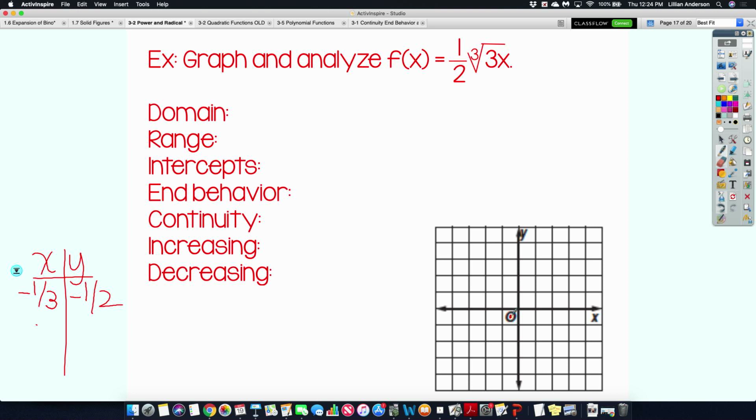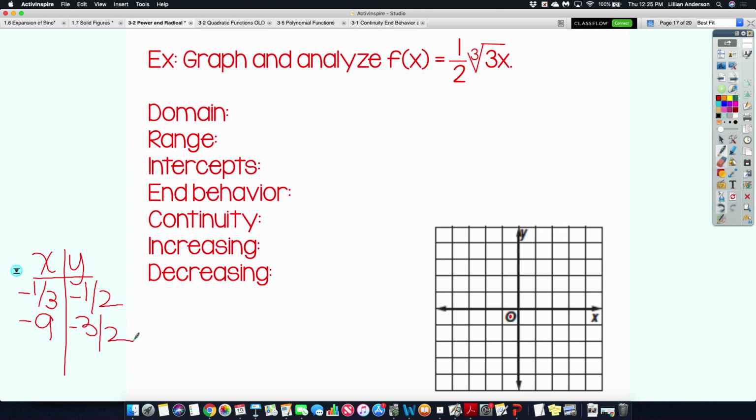And let's see, what's another one? The only one I can think of is a negative 9. What's negative 9 times 3? Negative 27. What's the cube root of negative 27? It is 3, but because it was a negative 27, it's going to be a negative 3. And what's negative 3 times 1/2?